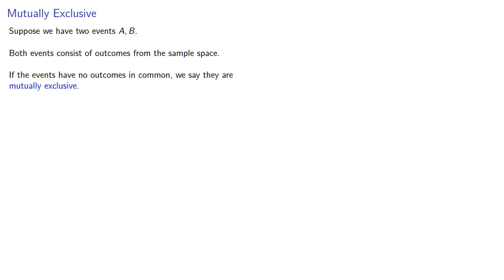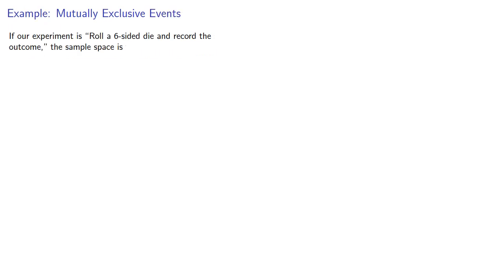So suppose we have two events, A and B. Now, both events consist of outcomes from the sample space, but if the two events have no outcomes in common, we say they are mutually exclusive. So, for example, if our experiment again is roll a six-sided die and record the outcome, we could have the event E, the roll is even, and those consist of the even outcomes.